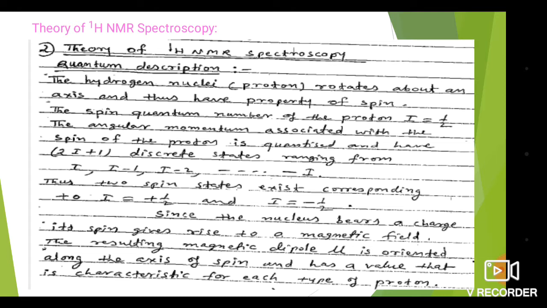Due to the spinning of this nucleus, it generates an induced magnetic field. The resulting magnetic moment mu is oriented along the axis of the spin and has a value that is characteristic for each type of proton. So it bears a definite magnetic moment.